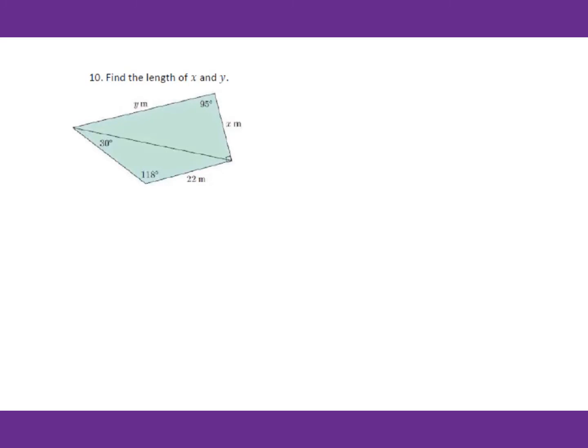Find the length of x and y. Whenever you got two angles for a triangle, you need to figure out the third angle by doing 180 degrees minus the other two angles. So we got 32 degrees.